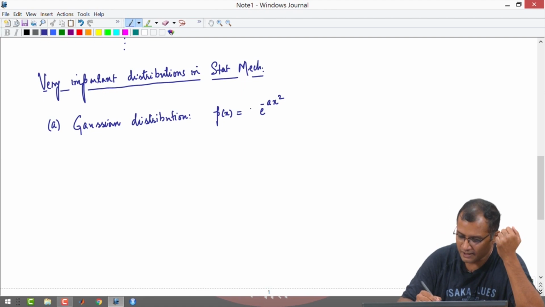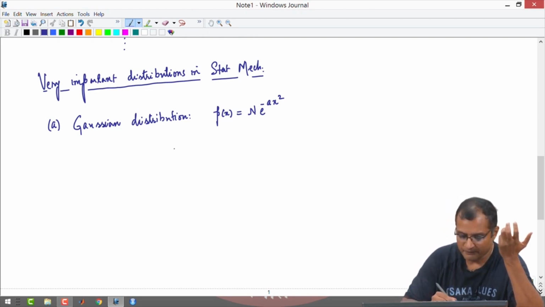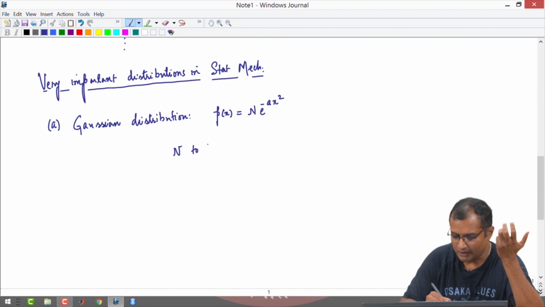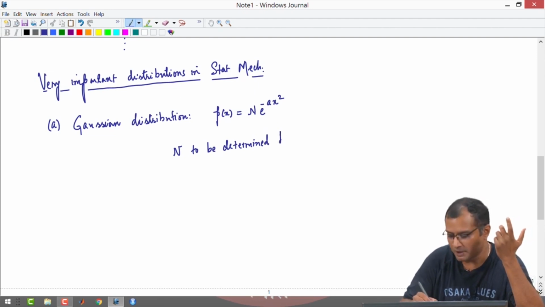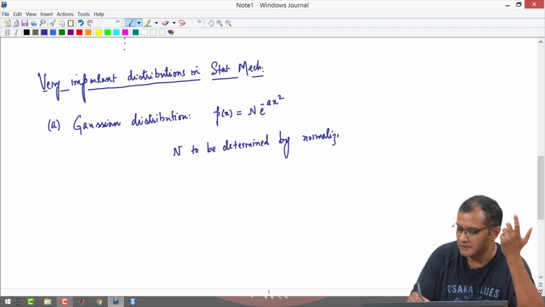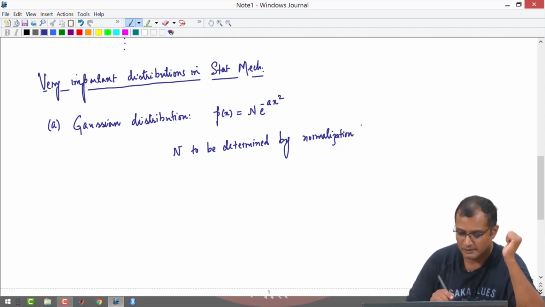So, let us say I attach a prefactor n here which has the dimensions of 1 upon x. This n needs to be determined by normalization. It is a very important condition on any PDF that it should be normalized.